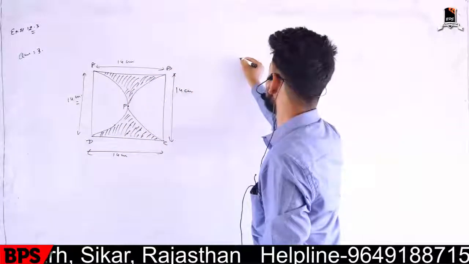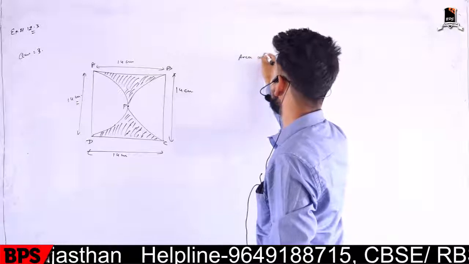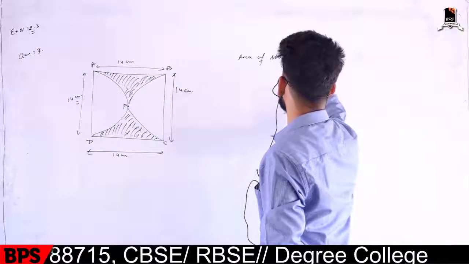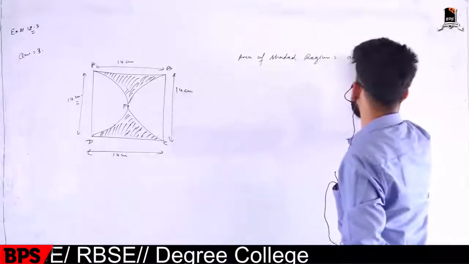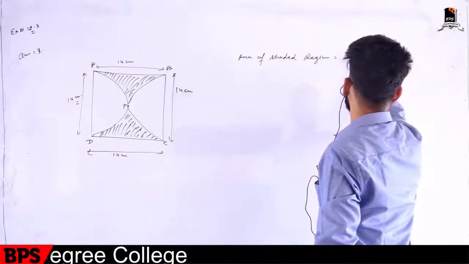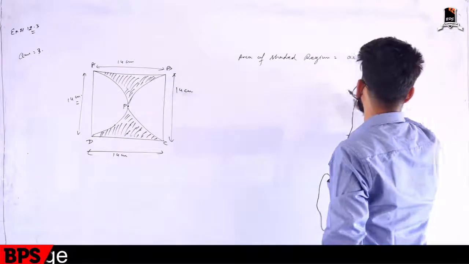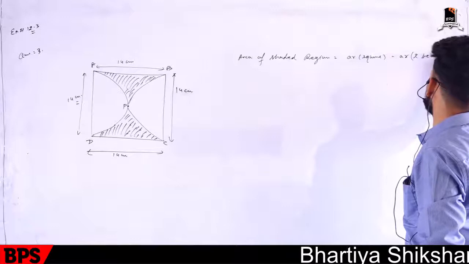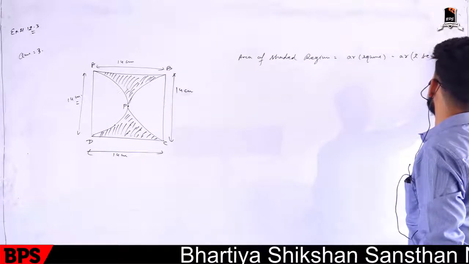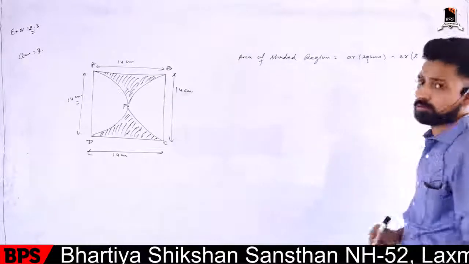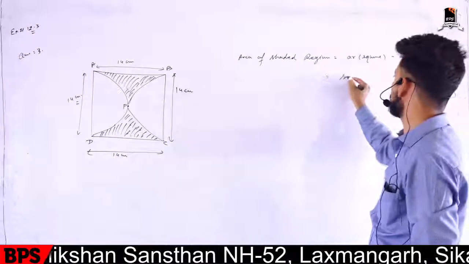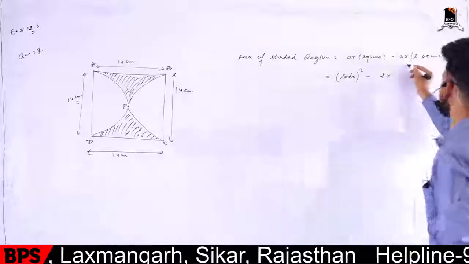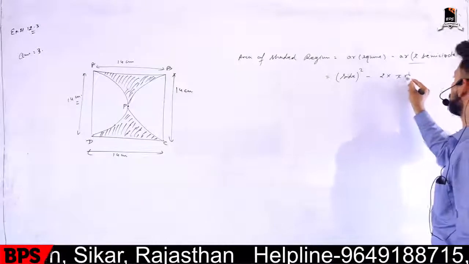So the area of shaded region is equal to the area of square minus the area of two semicircles. The area of square is side square, minus 2 into the area of semicircle, pi r square upon 2.